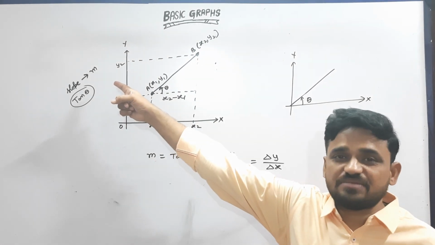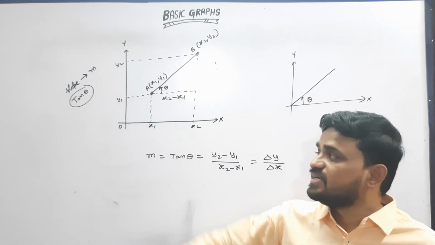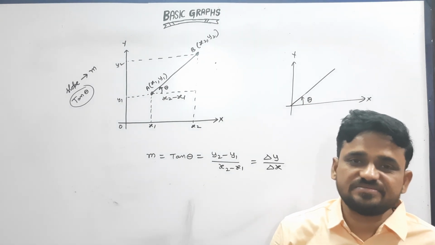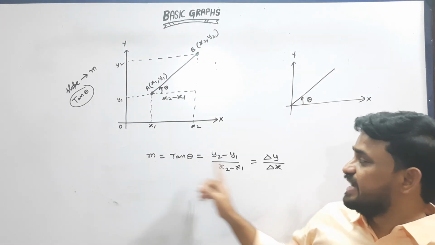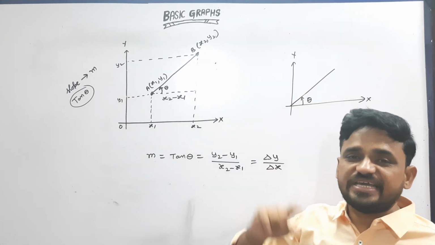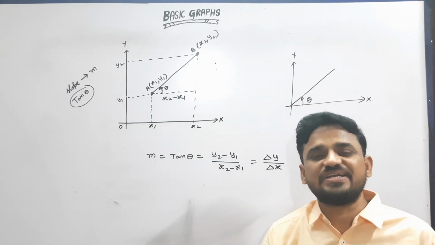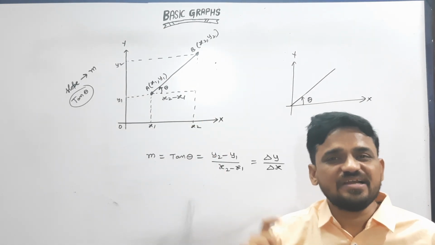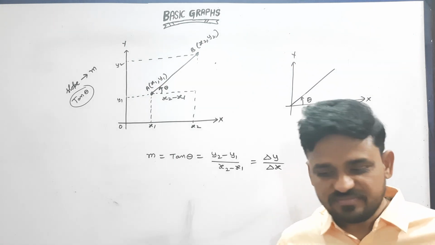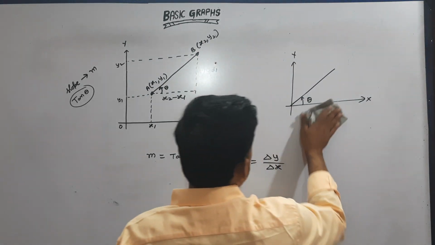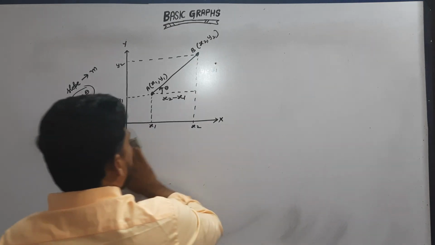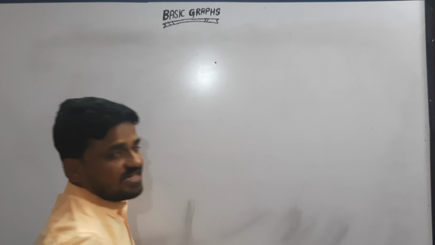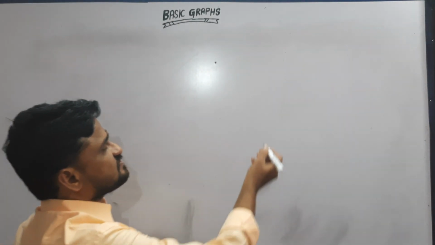It is denoted by the symbol small m, measured by tan theta, and gives the change of y quantity with respect to x quantity, which may be large or small.